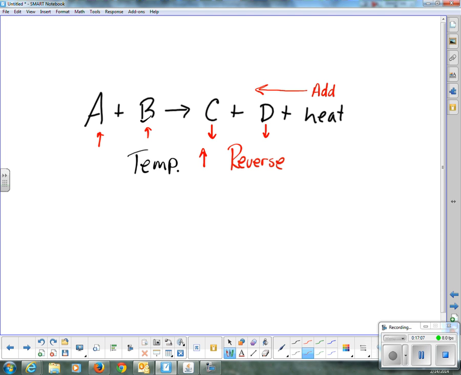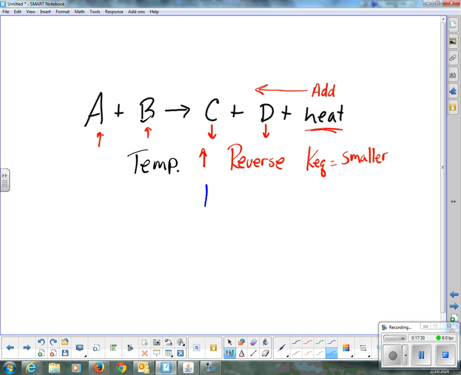Okay? Now, remember that heat, when I'm dealing with heat, is the only time that it will affect the K. So my KEQ here, if you remember from a couple slides before, is going to do what? Well, if I add heat, I'm making less product, so it's going to be smaller. Okay?